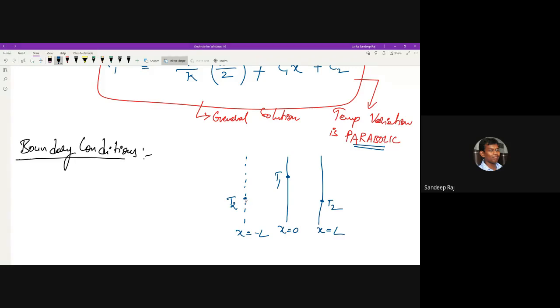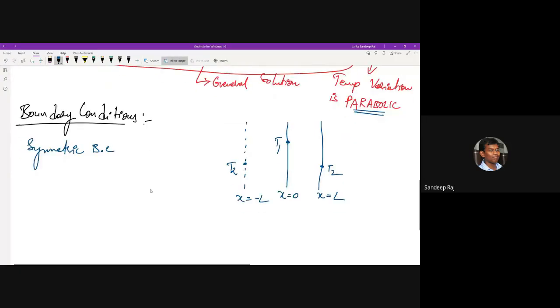So here you will get T2 and this side you will get x is equal to minus L, such that you are considering a symmetric boundary condition.